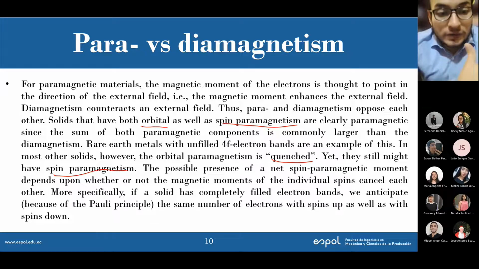In those cases, I will not have a net magnetic moment. That's why, in materials with filled electron bands, you will not have net spin paramagnetism. So you will not have paramagnetism, and therefore those materials are diamagnetic.